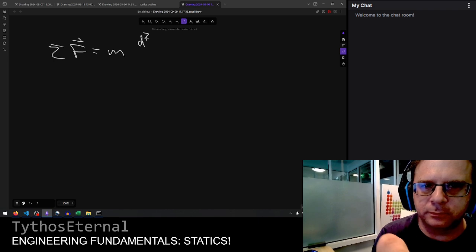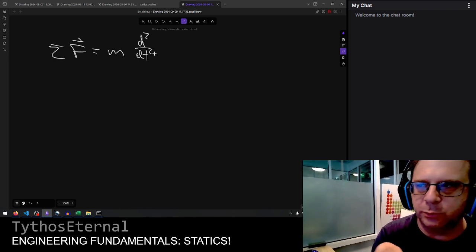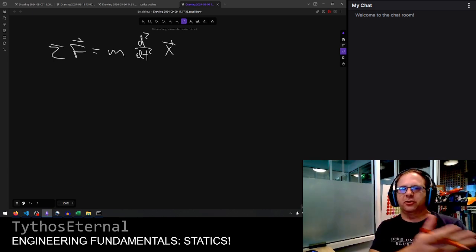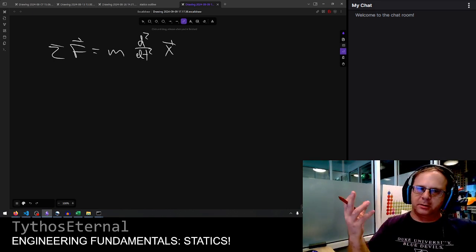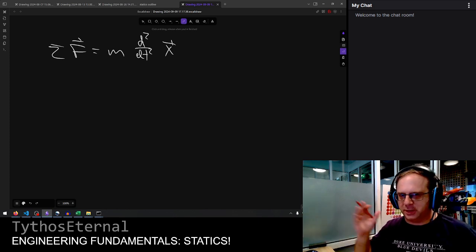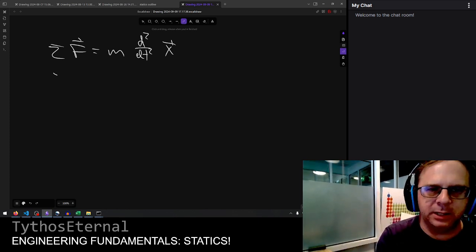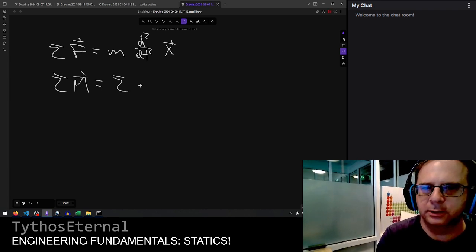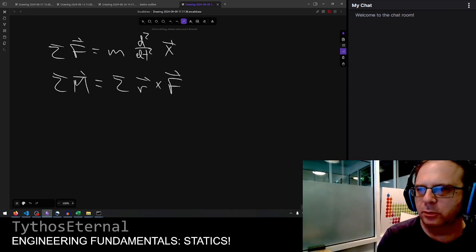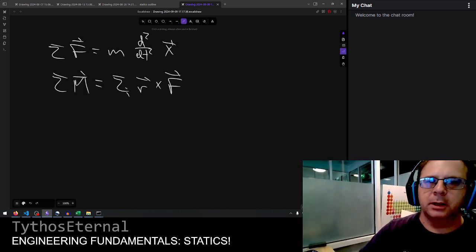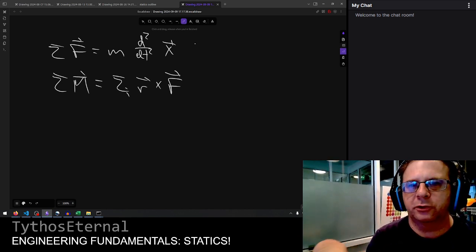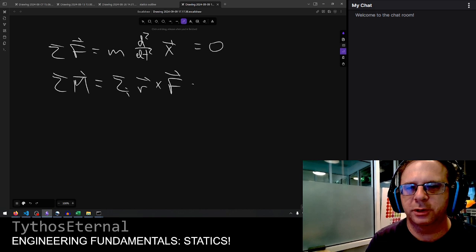Not quite F equals ma, but it let us look at the relationship between the specific state of a system, etc. We have a rotational analog for this, of course, R cross F, or moments.